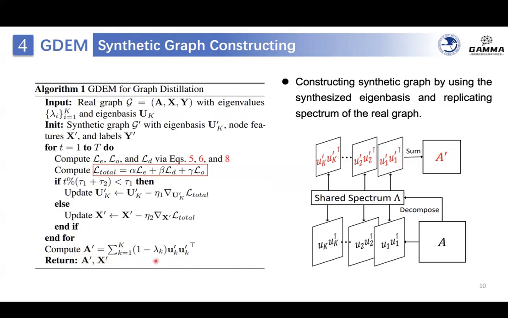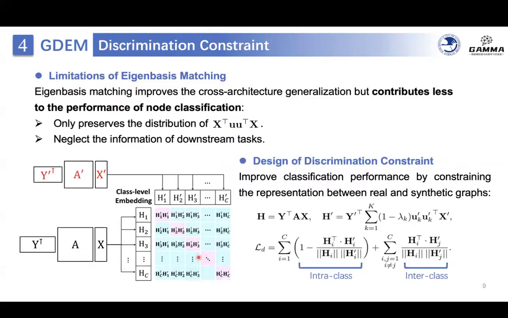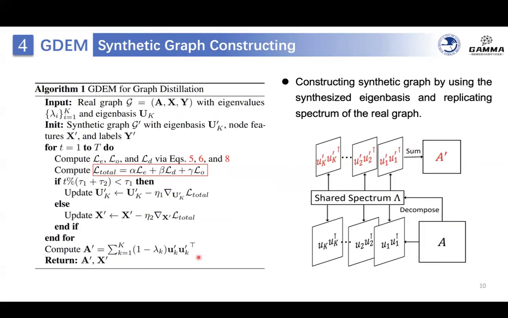The calculation of A bar is shown here. Okay, I understand. It means the graph structure of the synthetic graph. But it is not the same representation of the graph structure as a normal adjacency matrix. It's slightly different.